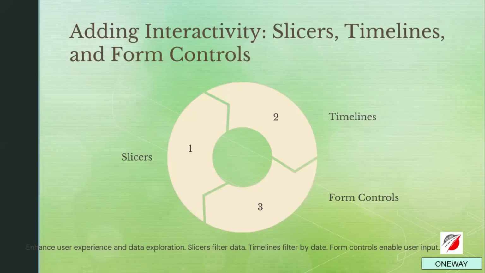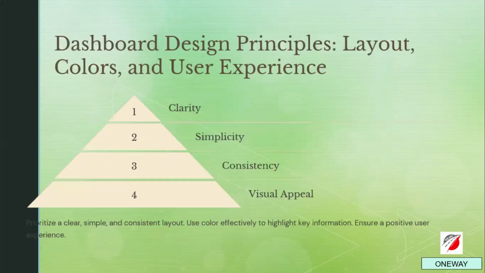So one of the things we do to our dashboard is to make it interactive. That's why we call it an interactive dashboard. And this is achieved by adding slicers, timelines, and form controls. We're going to look at that as we progress.